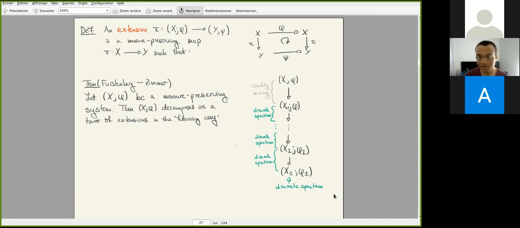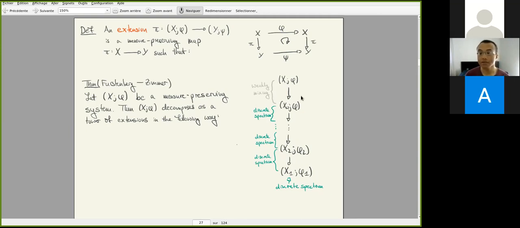As in the topological setting, we start with the part which captures somehow the eigenvectors, the discrete spectrum part at the bottom. And then we make extensions. In the topological setting, we took isometric extensions. Here we take extensions with what is called discrete spectrum, which I have not yet defined, but will do later. And then we keep going like this, and we take extensions with discrete spectrum and so on and so forth.